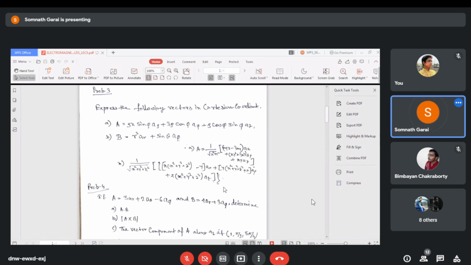So AX is equal to cos phi A rho plus sin phi A phi, AY is equal to minus sin phi A rho plus cos phi A phi, and Az is equal to Az, right?